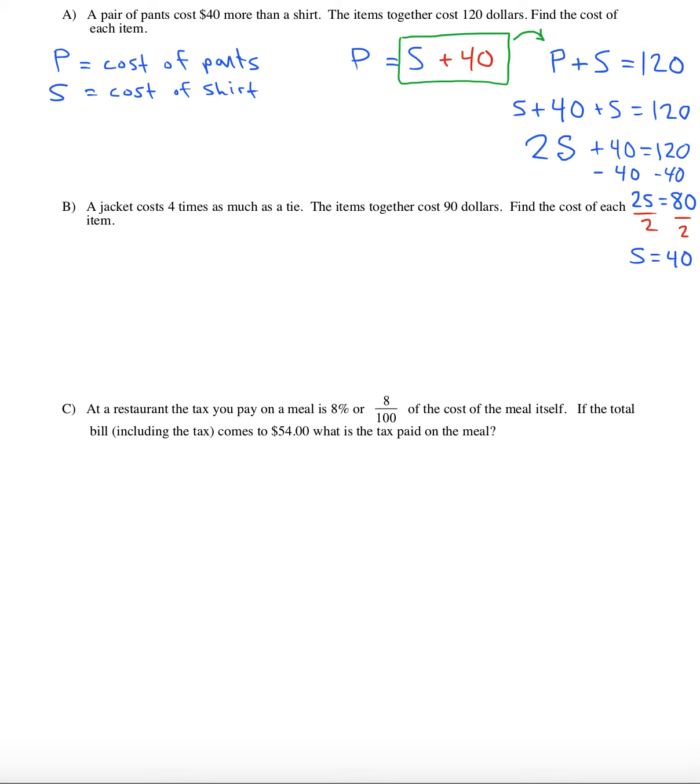Now, in order to complete our solution, we should take the 40 and plug it back into either of the other two original equations. I'll plug it in to this equation. The pants cost $80.